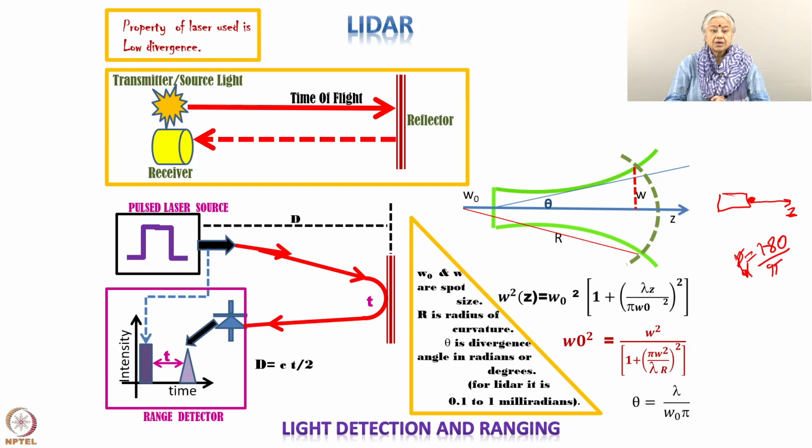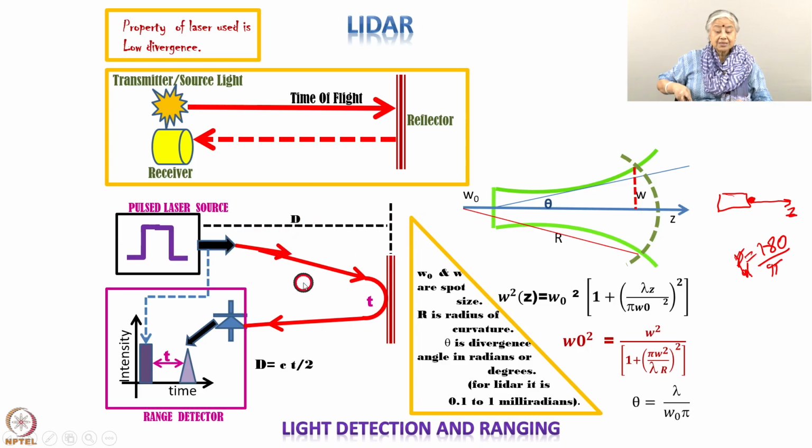Okay. Now I will go to the slightly detailed part of this yellow rectangular piece, which is here. By the way, because we are depending on the measurement of time of flight, we have to take a pulsed laser. Okay. A continuous wave will not give you any idea of the distance. Okay.